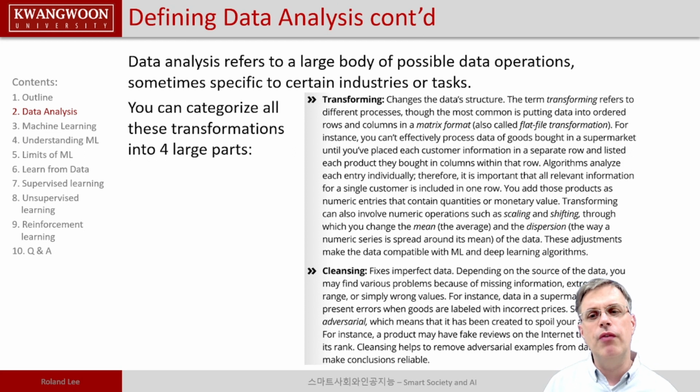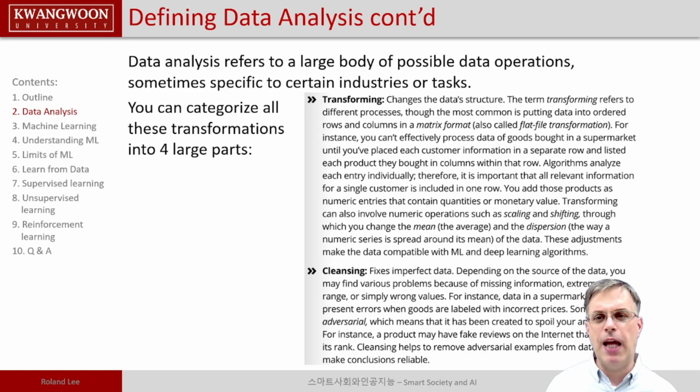Transforming can also involve numeric operations such as scaling and shifting, through which you can change the mean, so the average, and the dispersion, the way a numeric series is spread around its mean. Now, these adjustments make the data compatible with machine learning and deep learning algorithms.